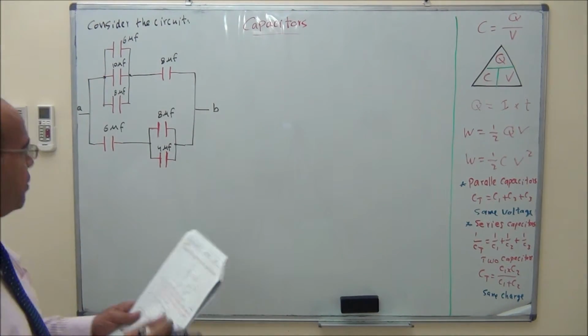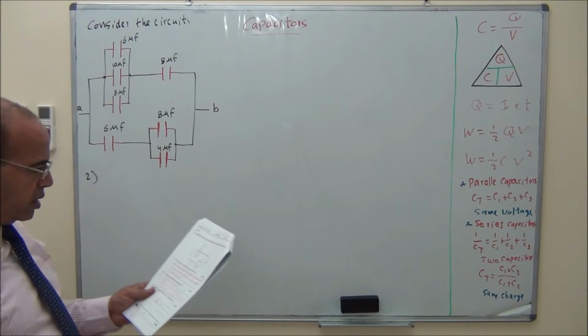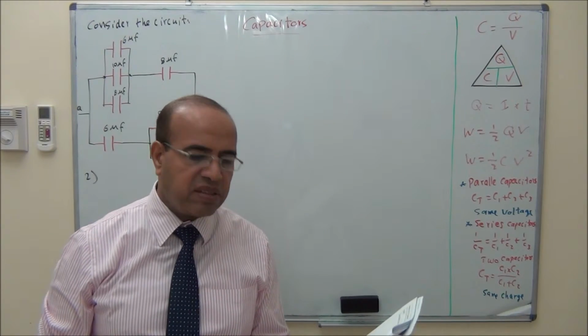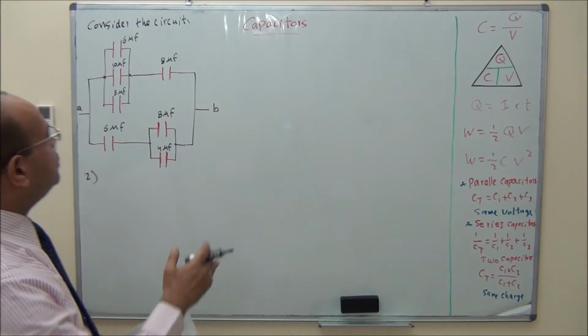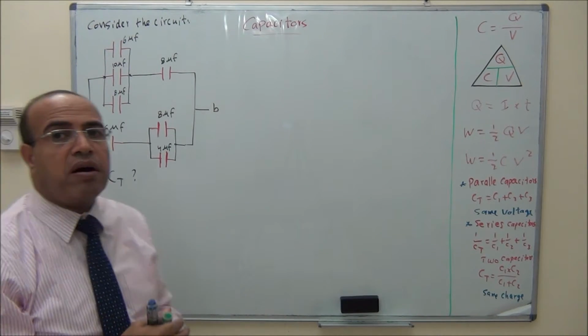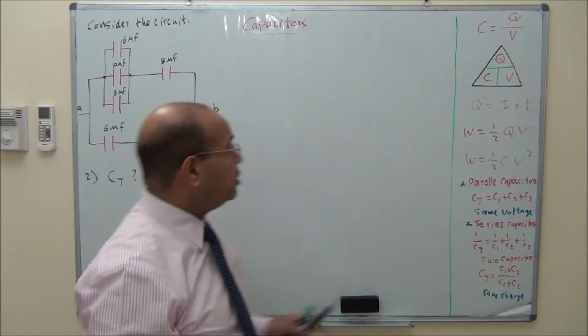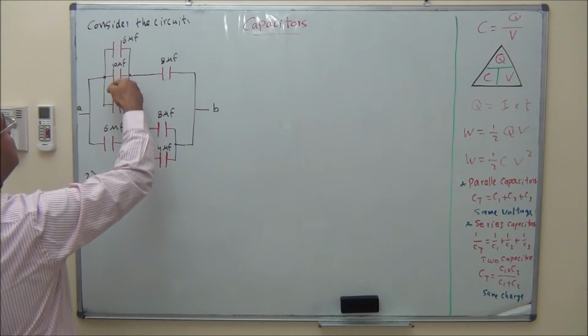The second part: calculate the equivalent capacitance between A and B. We need to get the total capacitance. Those 3 capacitors are in parallel, so we add them up, because in parallel we add. So 6 plus 10 plus 8.